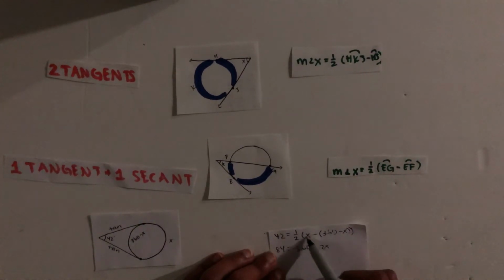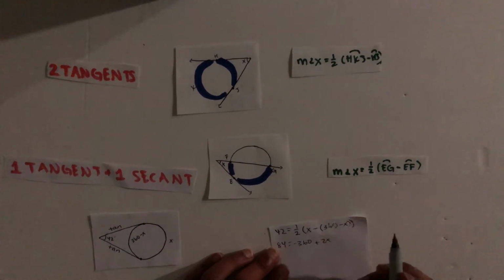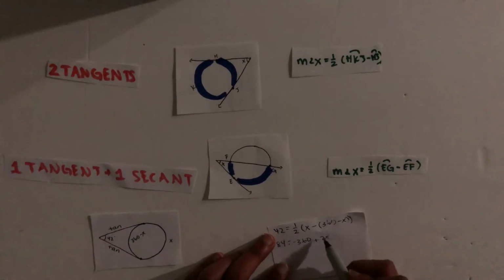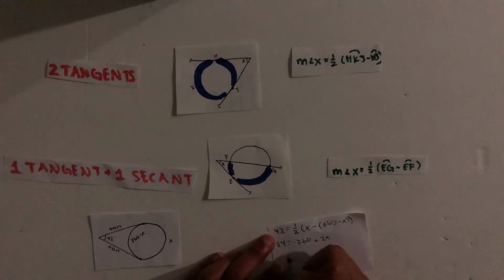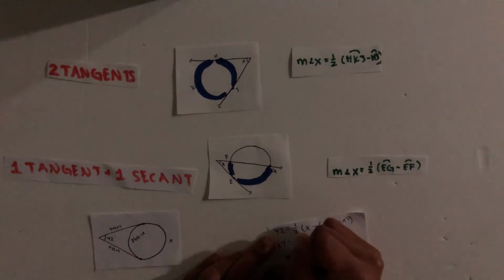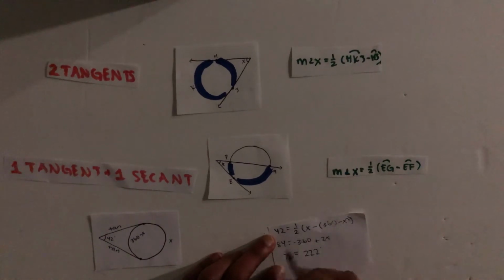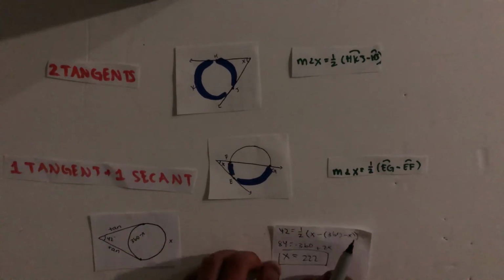And now when we add the 360 to this side and then divide by 2, we can isolate the x, and we know that x is equal to 222 degrees. And that's how you would solve it.